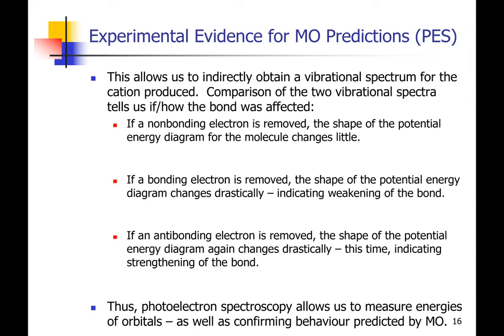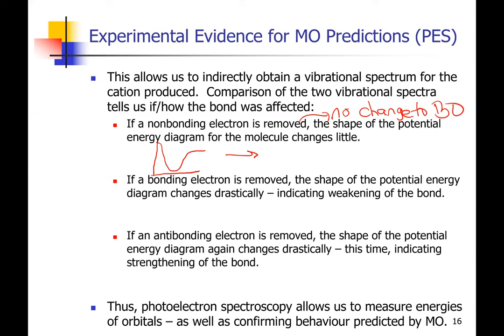So if we start with the simplest case, the non-bonding electron, my potential energy diagram might have looked something like this. And if I eject a non-bonding electron from a molecule, the bond order doesn't change. We have no change to bond order.